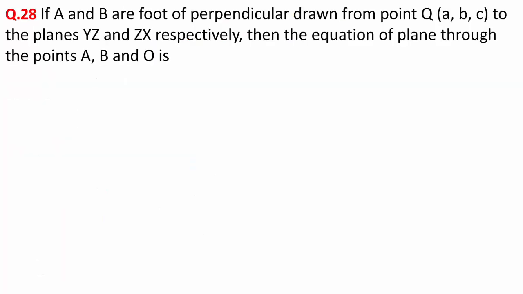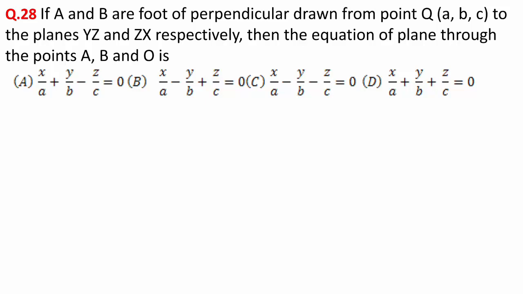Question 28. If A and B are the feet of perpendiculars drawn from the point (a, b, c) to the planes YZ and ZX respectively, then the equation of the plane through the points A, B and O is. Options are A, x by a plus y by b minus z by c equals 0; B, x by a minus y by b plus z by c equals 0; C, x by a minus y by b minus z by c equals 0; D, x by a plus y by b plus z by c equals 0.